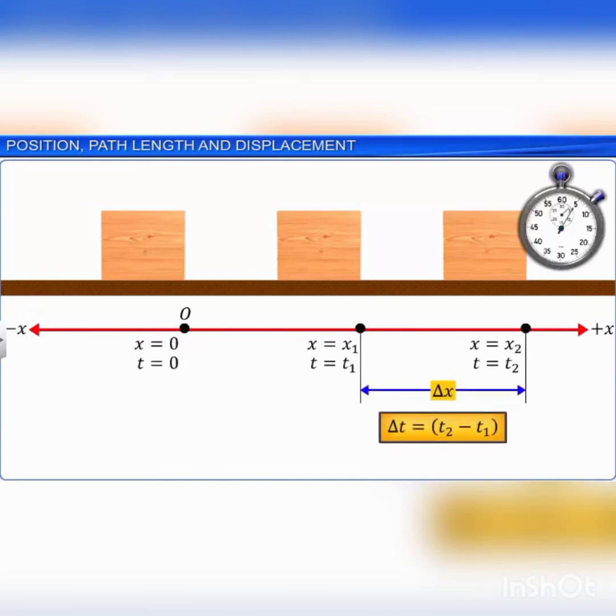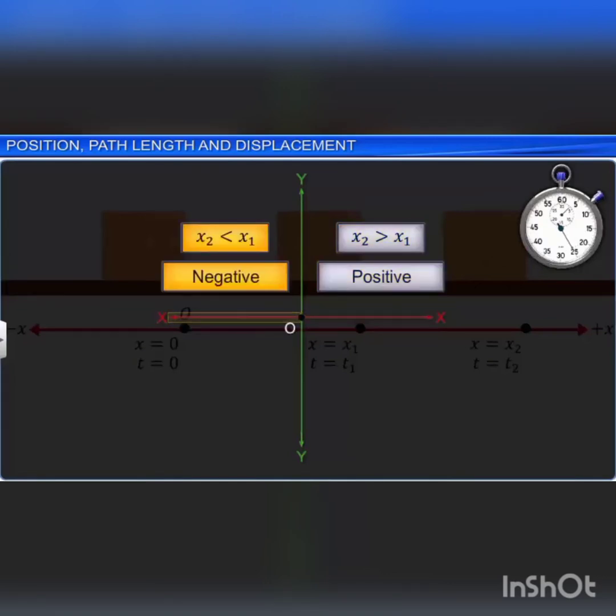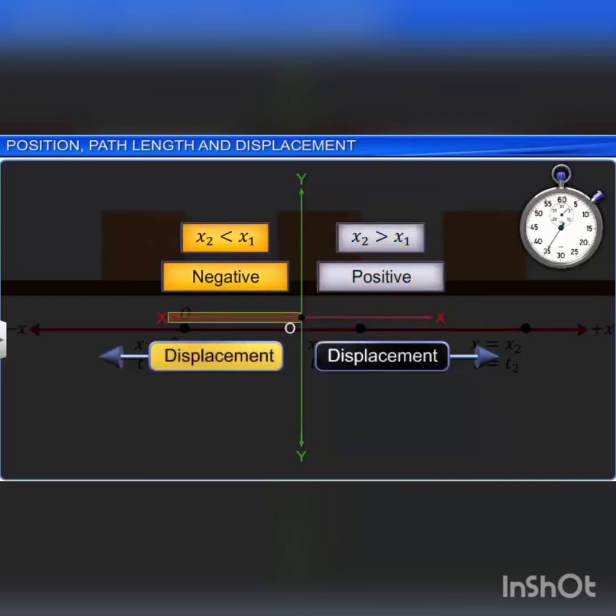Delta x is equal to x2 minus x1. When x2 is greater than x1, delta x is positive. And when x2 is less than x1, delta x is negative. A positive sign indicates displacement to the right side. A negative sign indicates displacement to the left side. Since displacement has magnitude and direction, it is a vector.